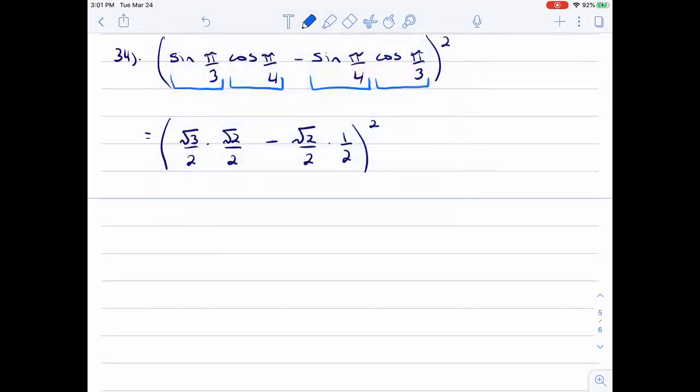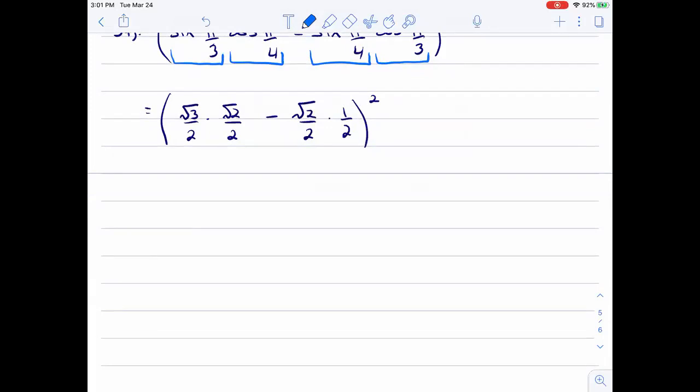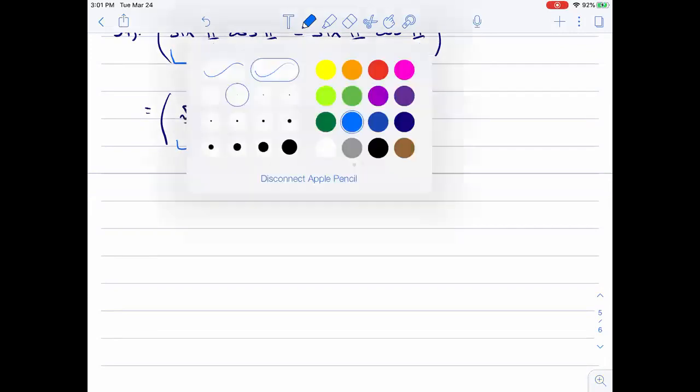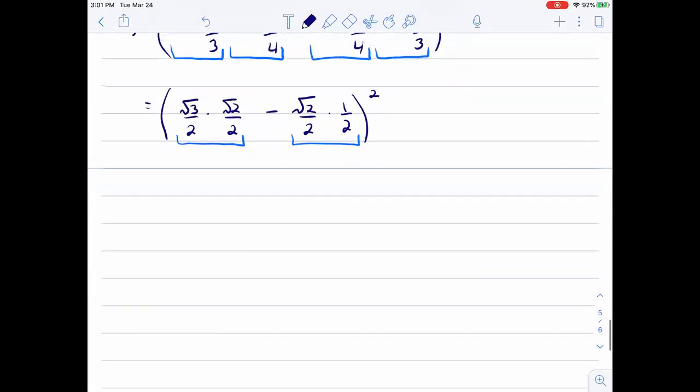A couple of different things coming into play, right? Because we have to simplify this and simplify this before we can subtract them, but also we've got that common denominator, so that's lucky, but also even when we multiply through, we still keep that common denominator. So what we have is root 3 times root 2 over 4 minus root 2 times 1, which is just root 2 over 4, squared.